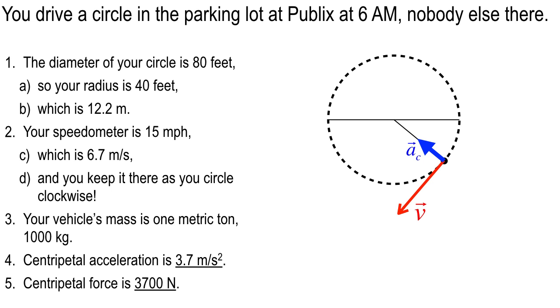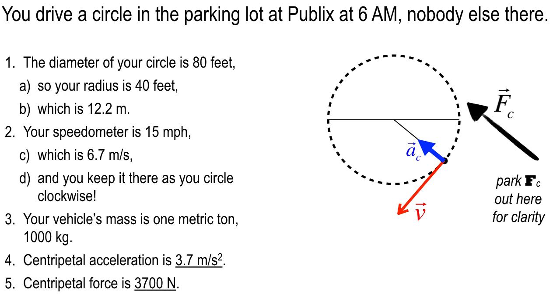Now, the centripetal force is going to be pointing in the same place. So I'm going to draw in my centripetal force. Take a look at this. Here it is. There's my centripetal force vector in black. And I'm going to back it up, though. All right, so here we go. So now you can see both vectors.